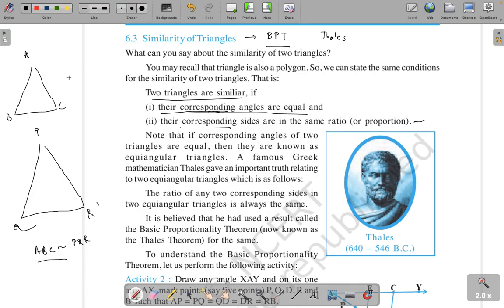Sometimes in the question they give figures like this, where they can make this say PQR.